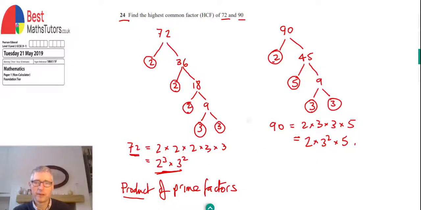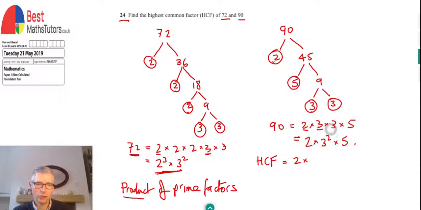And now to find the highest common factor, the HCF, that stands for highest common factor, what we do is we look for numbers that are in both of these lists. So we've got a 2 that's in both, so I'm going to write that down, 2. And we've got a 3 that we can pair off with this 3 here, so times 3.